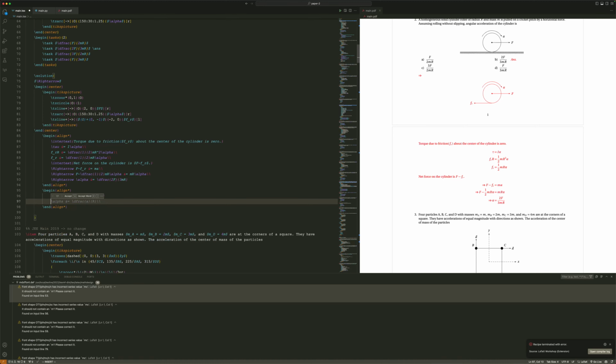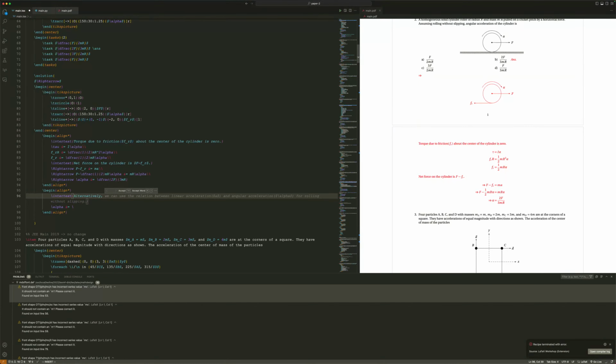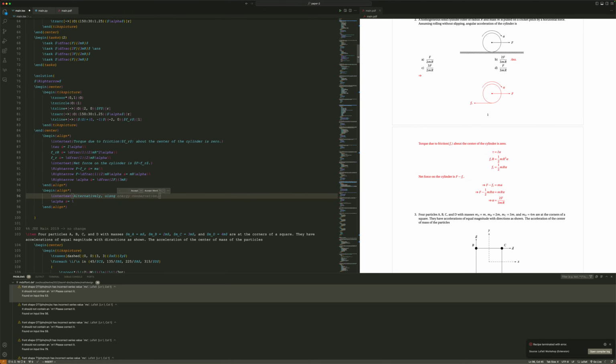Yes, instantaneous axis of rotation. Quality is getting good, man.